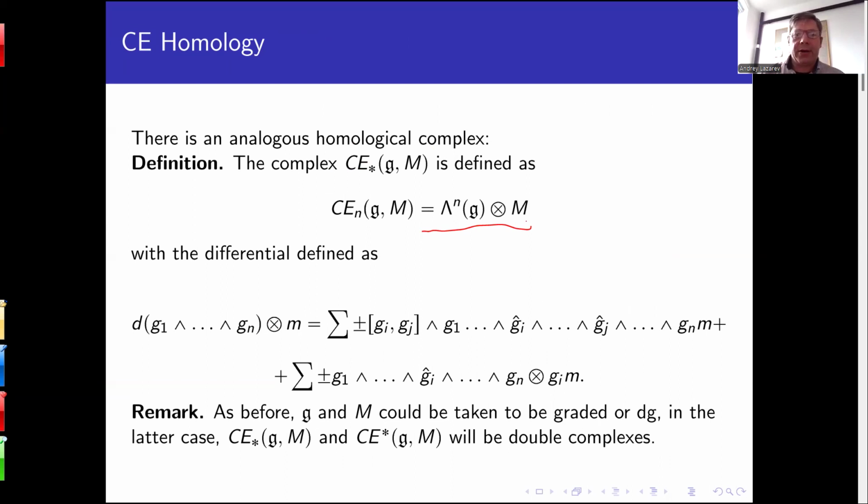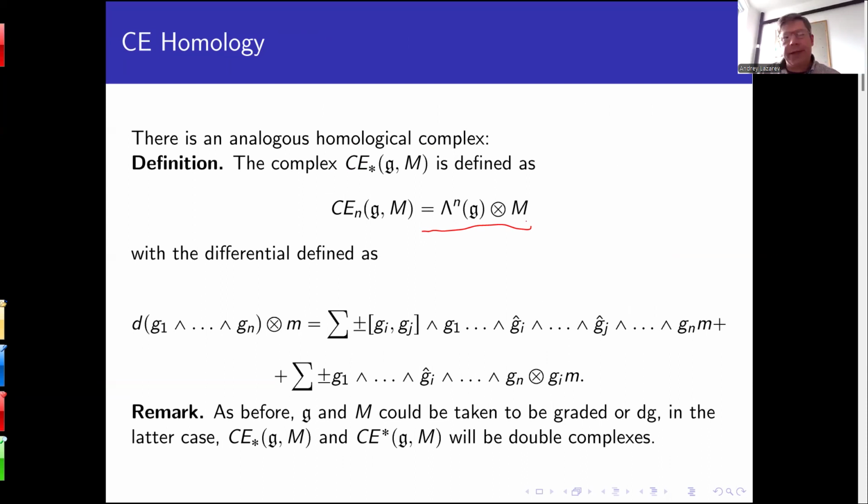So this complex, therefore, is covariant in G. The cohomological complex was contravariant in G. As far as the argument M is concerned, it's a covariant argument in both homological and cohomological contexts.